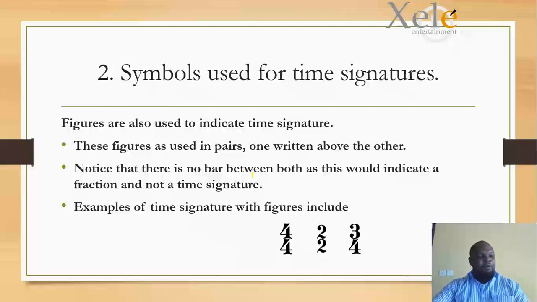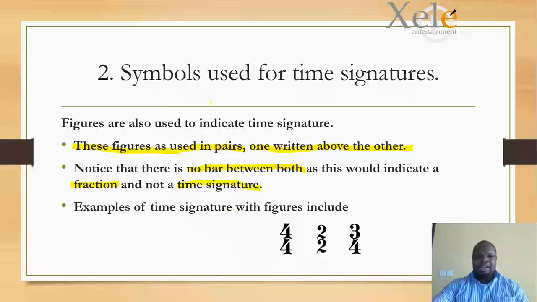Now we've seen how we can use alphabets to express time signatures, and we said that alphabet usually would be the letter C. Let's take a look at how we can use figures to express time signatures. When we use figures, these figures are used in pairs, and usually one figure is written above the other. You would probably have noticed that there is no bar between both figures, as this would indicate a fraction and not a time signature.